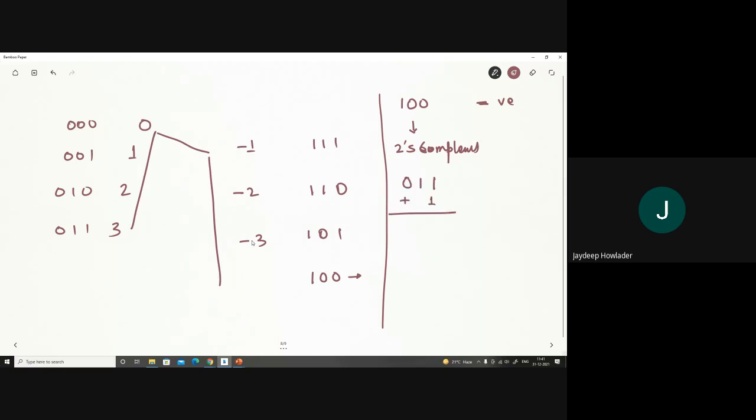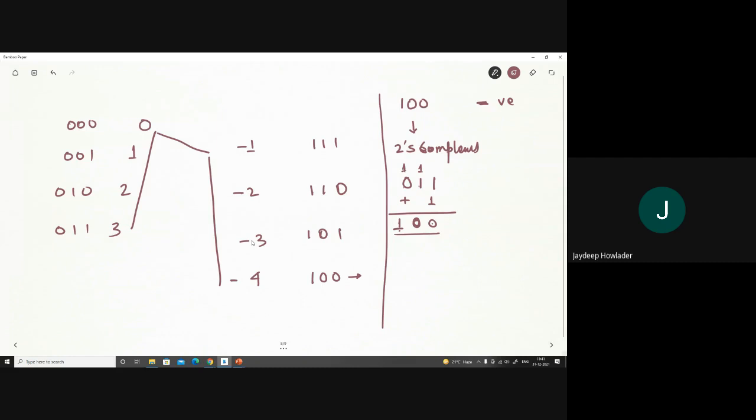So it gives 1 0 0. Understand? The number is negative, and its magnitude becomes 4.